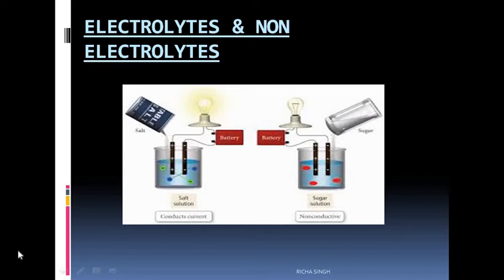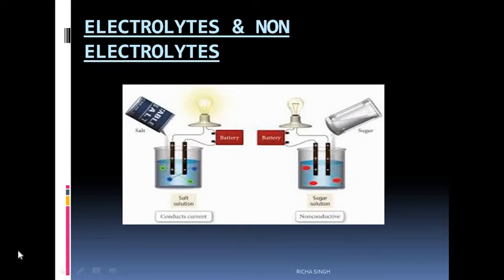In the slide you can see there is table salt in one of the pictures, and in the other the sugar is there, and the whole circuit has been set. In the circuit where table salt is there, the bulb is glowing, while the bulb is not glowing where there is a sugar solution.